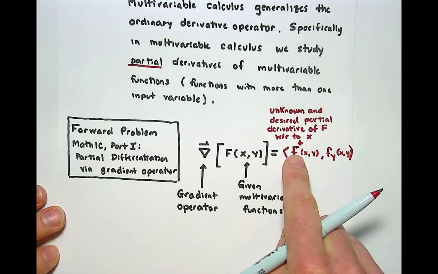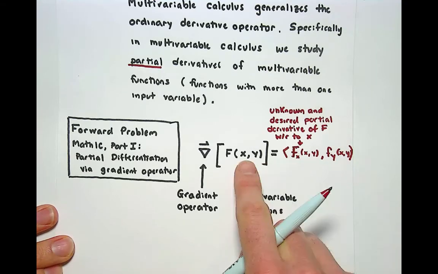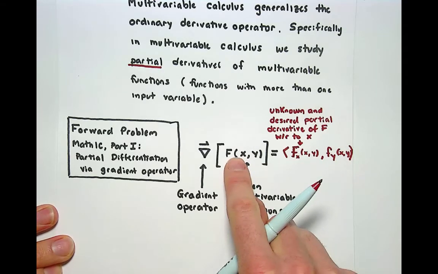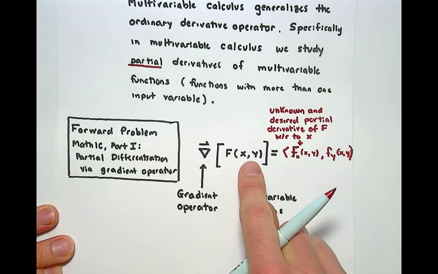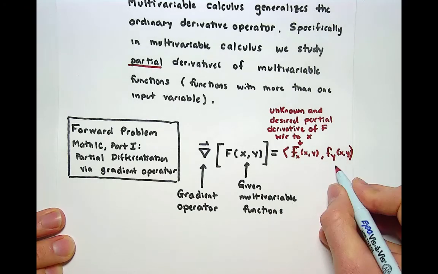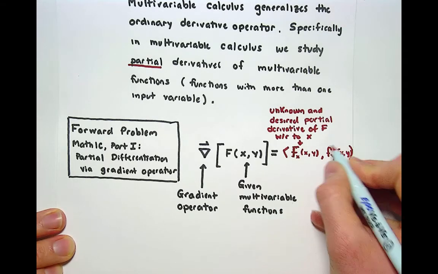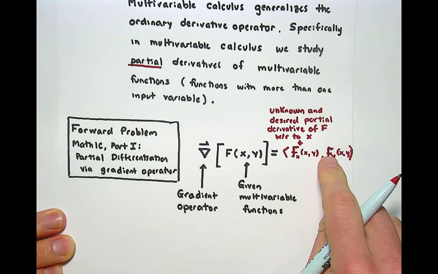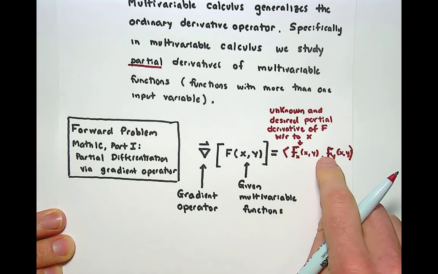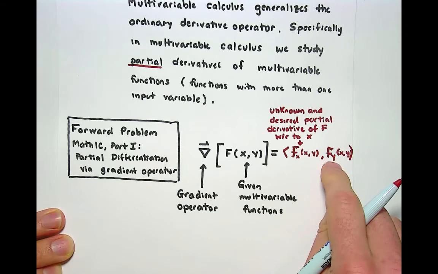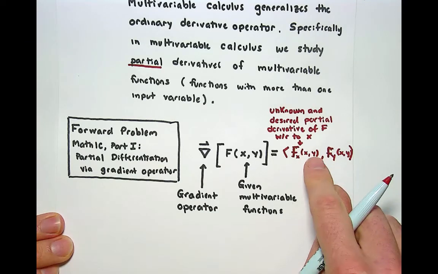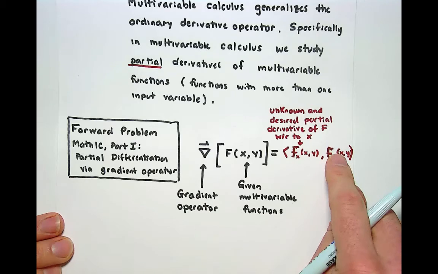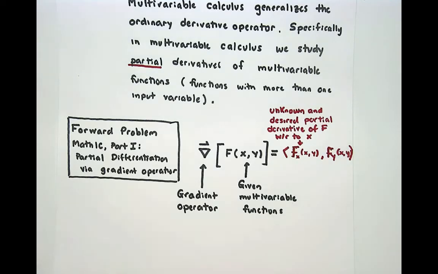So here, the first component of this derivative is going to be the partial derivative of the capital F function with respect to the first variable. And then the second component of this is going to be the unknown and desired partial derivative of capital F with respect to y. These are both multivariable derivative functions, and we'll talk a lot more about this.